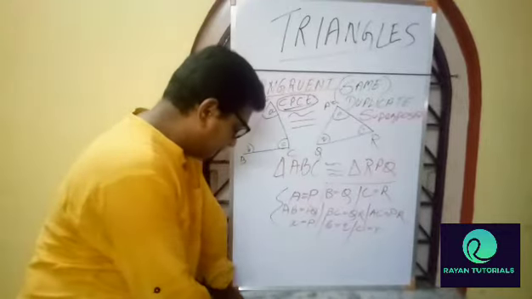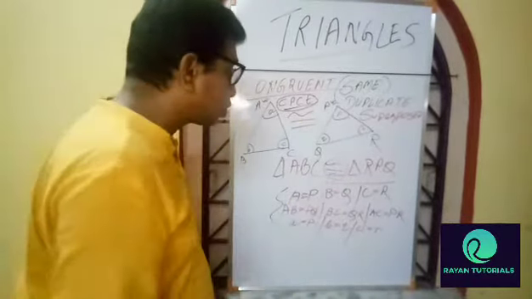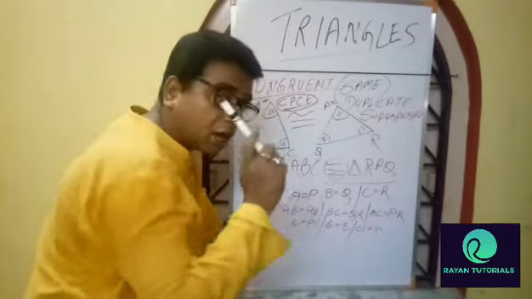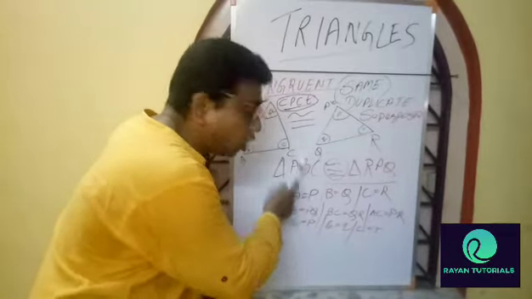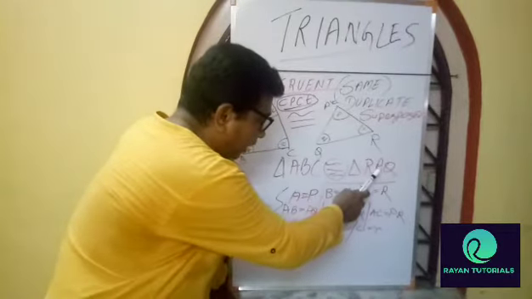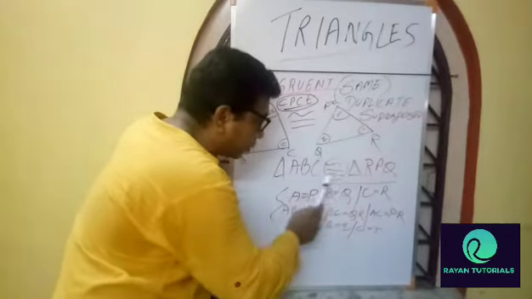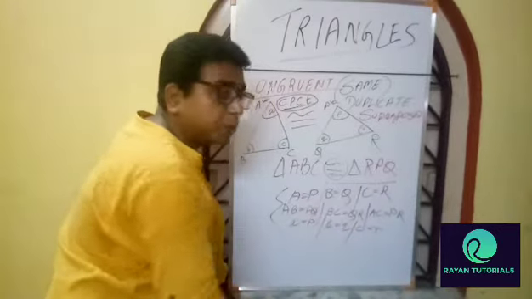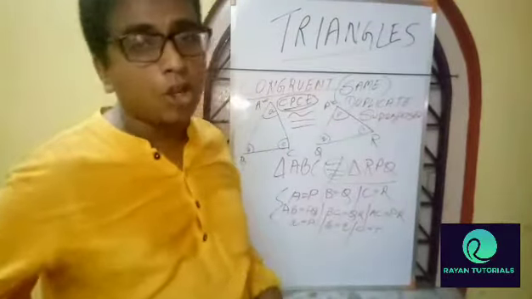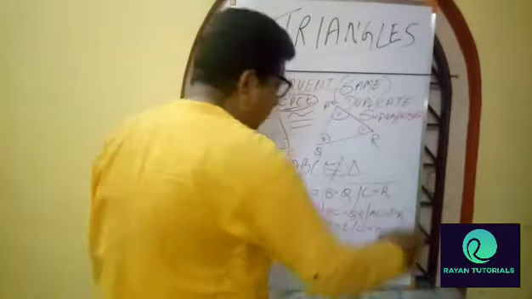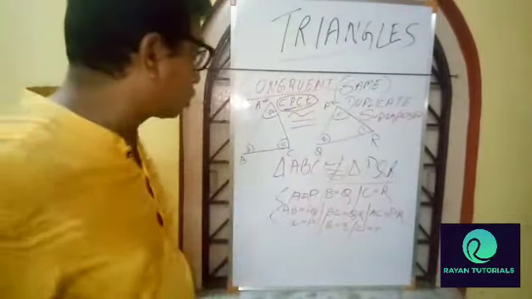But if I change the name of the triangle, I cannot use this sign, because according to this statement, the corresponding part of A is R, but here A is equal to P. A is not equal to R. B's corresponding part is P, but B is not equal to P. B is not equal to Q. So I cannot say these two are congruent, or rather I cannot write RPQ. I have to write PQR. Clear or not?